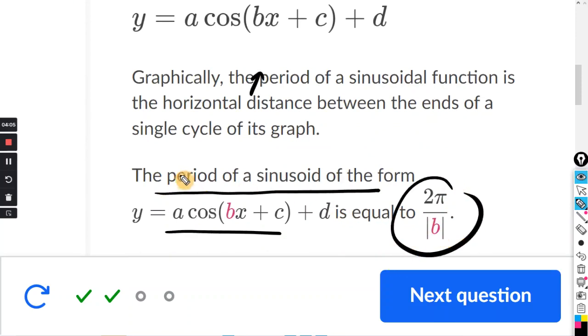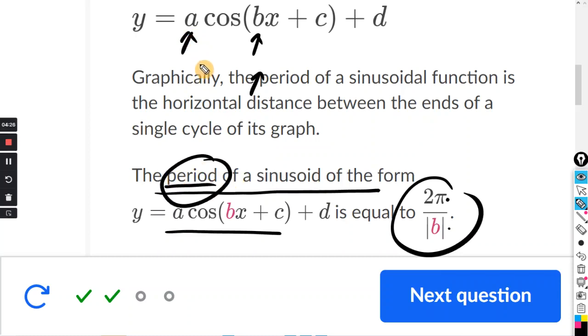Period is a distance, and distances are always positive, so that's why it's the absolute value of b. If you have the equation in this form, you just look at the number that's multiplied by x, and you do 2 pi divided by the absolute value of that number, and that will give you the period.